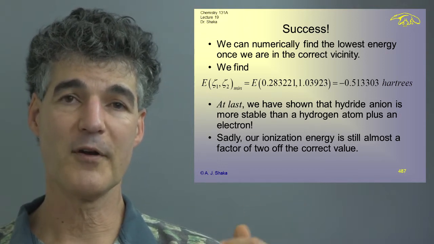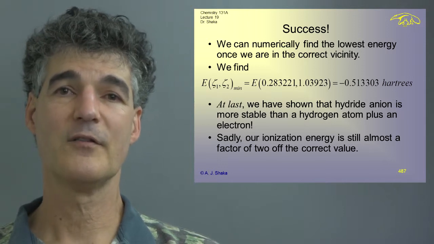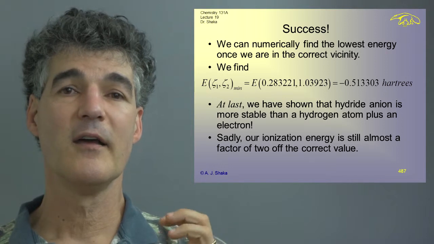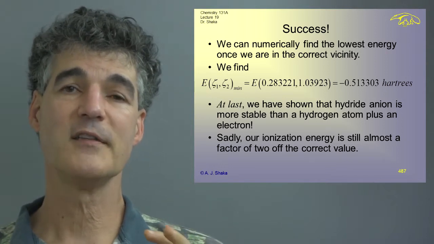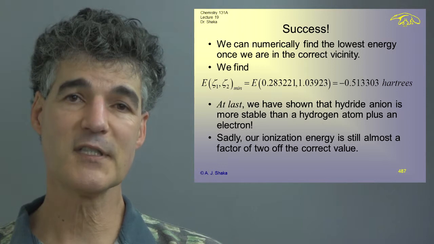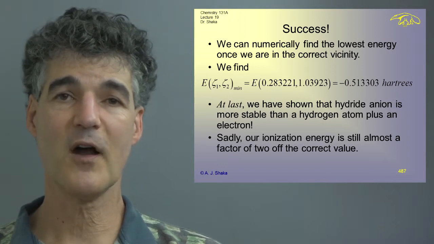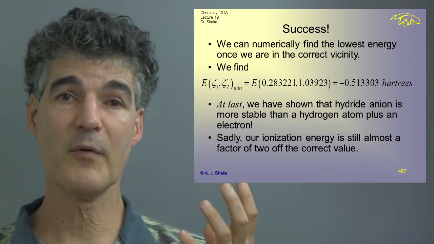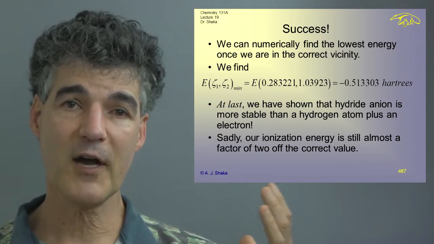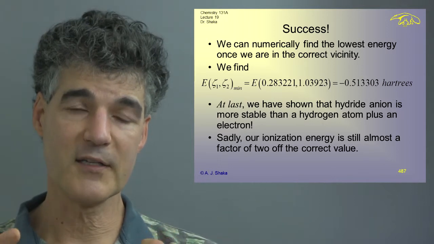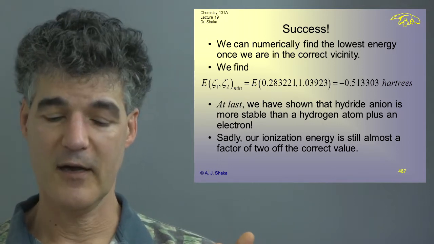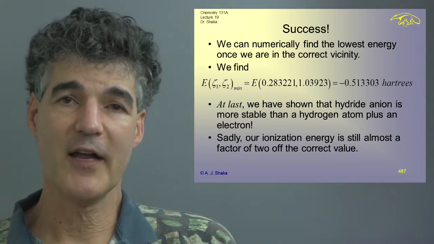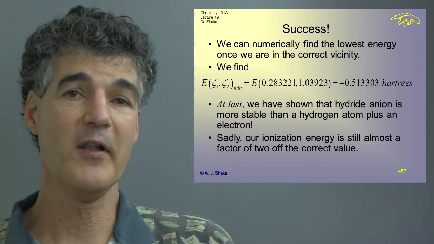We only had 2 parameters, and we didn't really go crazy, but at least by supposing that one electron is inside the other one and then vice versa, and taking that symmetrical combination, it worked. So there was some physical insight. We went from a hydrogen atom to a bigger hydrogen atom to something more realistic, and we finally got the thing to work. So that means hydride anion is slightly stable.